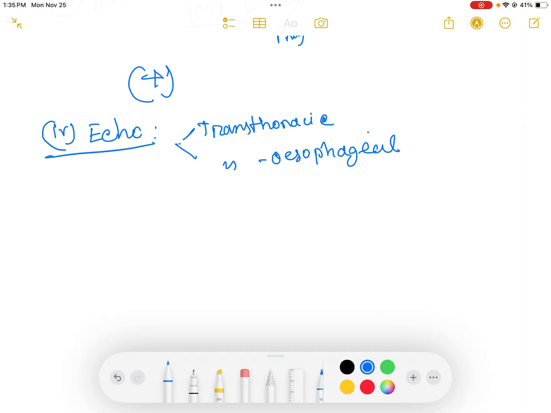Echocardiography is valuable for the evaluation of ventricular function and regional wall motion abnormalities, as well as valvular lesions.